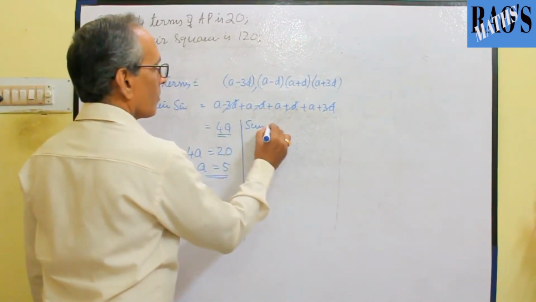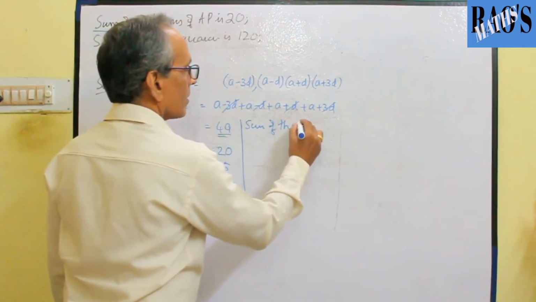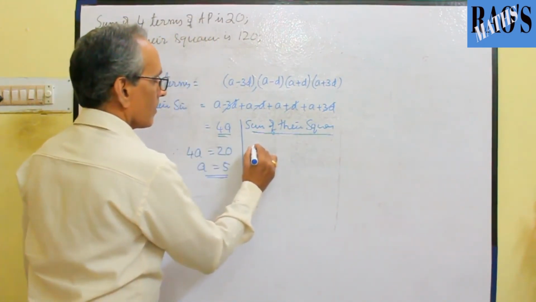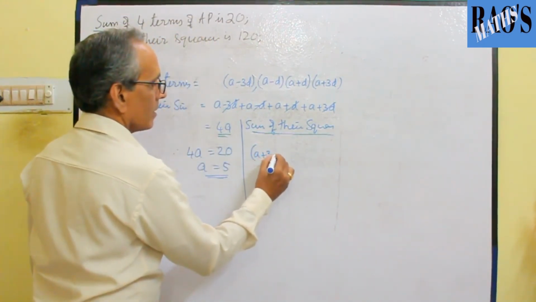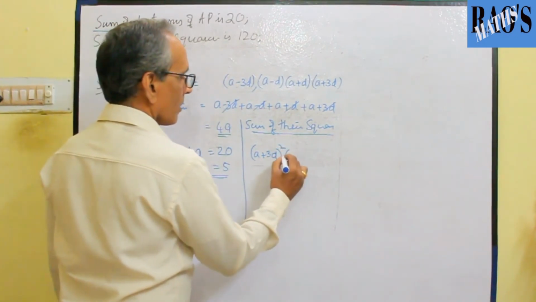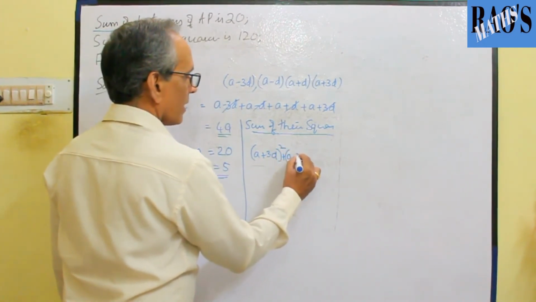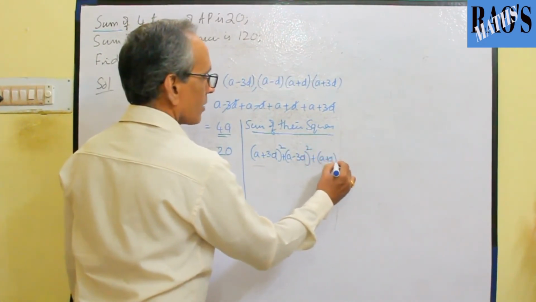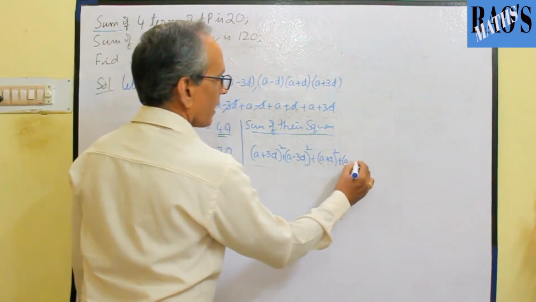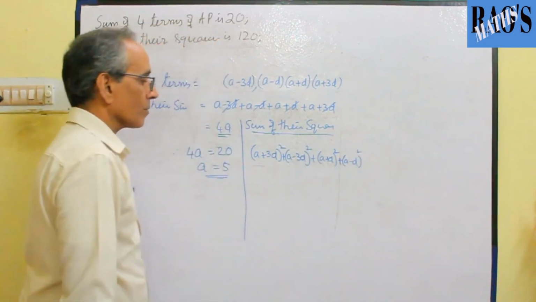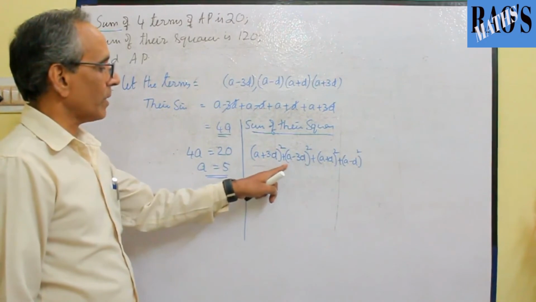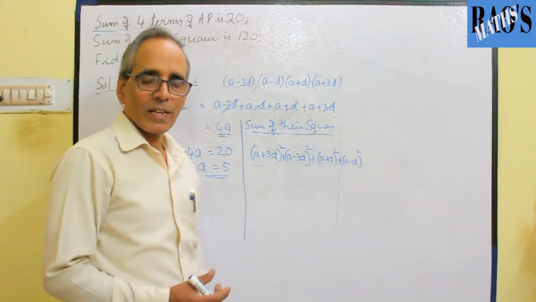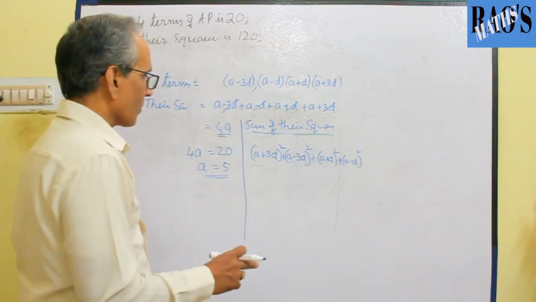Sum of their squares, that is A plus 3D whole square plus A minus 3D whole square plus A plus D whole square plus A minus D whole square. We know this is A plus B whole square plus A minus B whole square. So we remain with 2A square and 2D square.